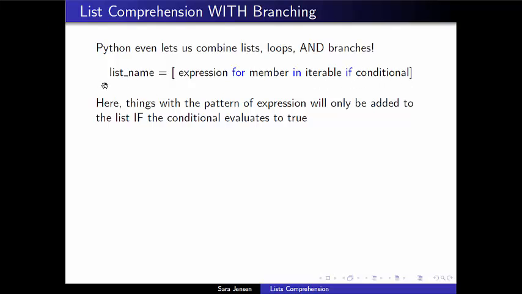And if I use this form of list comprehension, I will create a list whose name is list name, and the values that will be added to that list are all of those that have this expression taking on the different values in this iterable, but only if this conditional statement is true of that expression value.